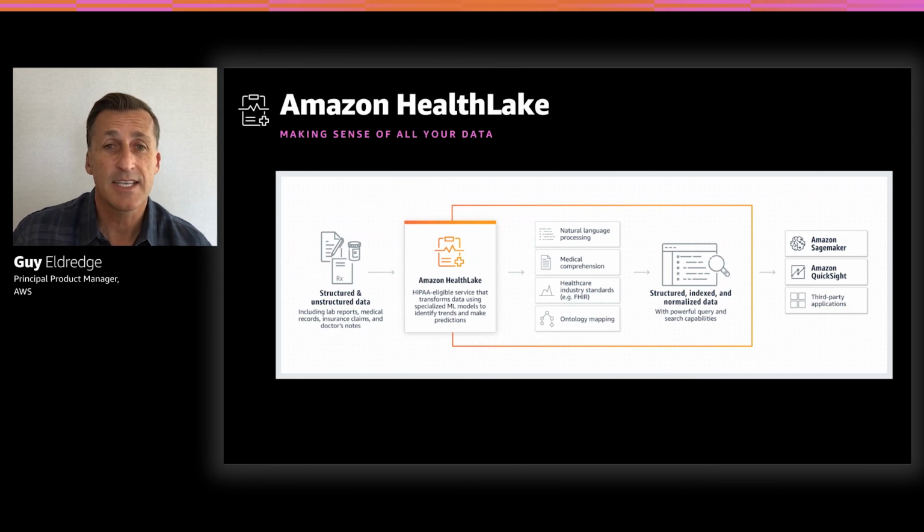It automatically scales your infrastructure so you can share all your data using a common set of FHIR APIs. It'll transform, tag, and index unstructured data using specialized machine learning models. And you can query and search across the individual patient record or across all of your health data. This allows you to identify trends and make predictions with analytics and machine learning capabilities such as Amazon Athena, QuickSight, and SageMaker.